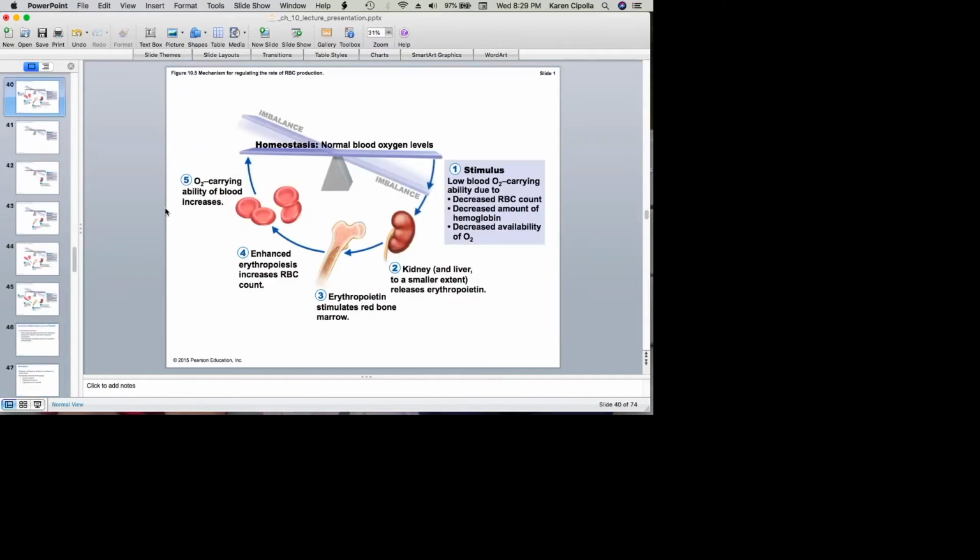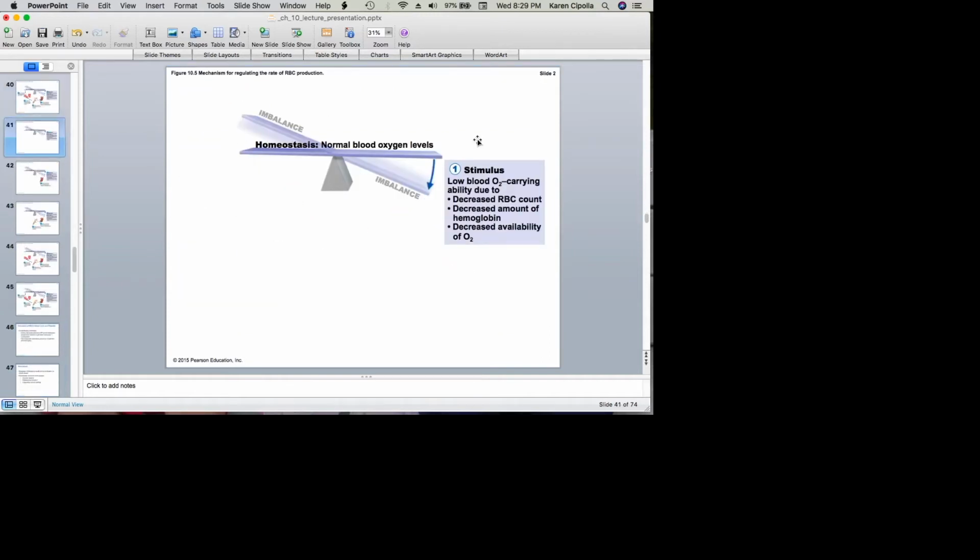Let's take a look at this. Your homeostasis maintains even levels of blood oxygen. When your body or your kidneys detect a decreased amount of oxygen in the blood, whether it's due to a decrease in your red blood cells, a decrease in the amount of hemoglobin within the blood cells, possibly anemia, or a decreased amount of oxygen in the atmosphere.